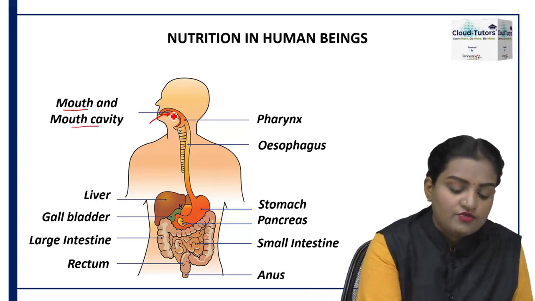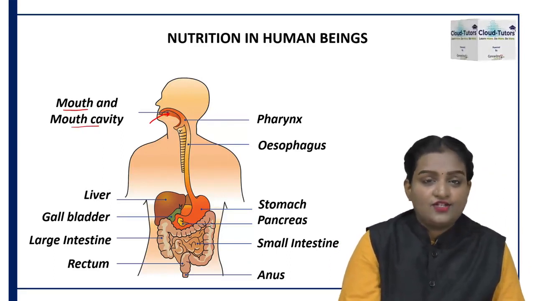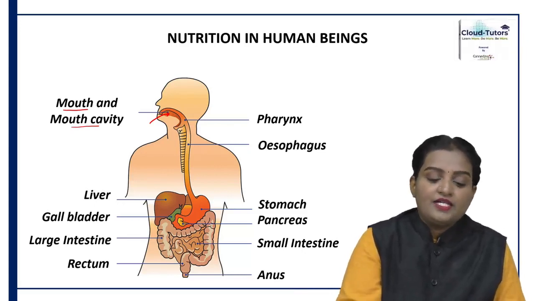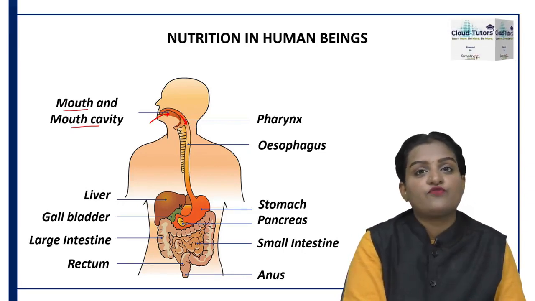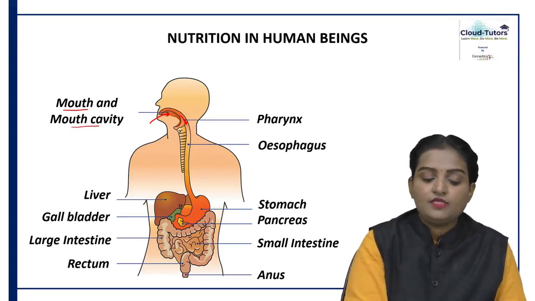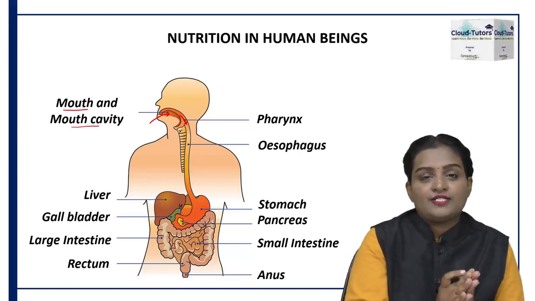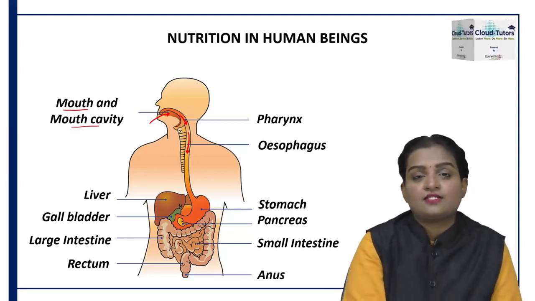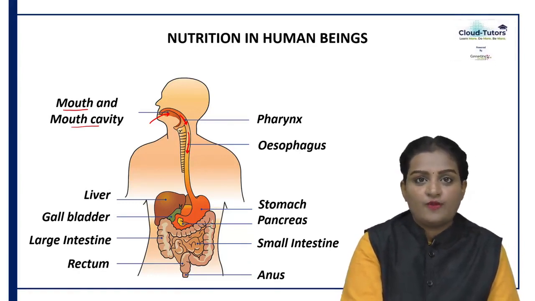Ingestion occurs through the mouth, and after mechanical digestion with the help of teeth and tongue, the food goes to the pharynx, which is a common duct for both food and air. When we are swallowing, the epiglottis closes the windpipe and food is passed on to the next structure, the esophagus, also known as the food pipe.